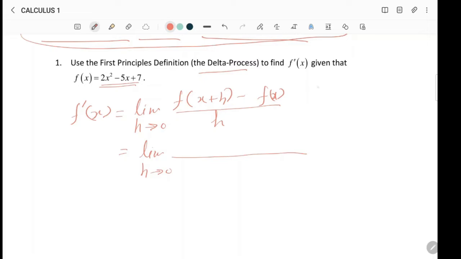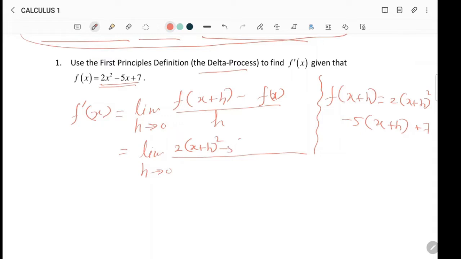Okay, can we find the first f of x plus h here? Just replace x with x plus h, so this will be 2 times x plus h whole square minus 5 times x plus h and plus 7, right? So what is f of x plus h? This one. This is 2 bracket x plus h whole square minus 5 bracket x plus h and plus 7. Okay, this is my f of x plus h.